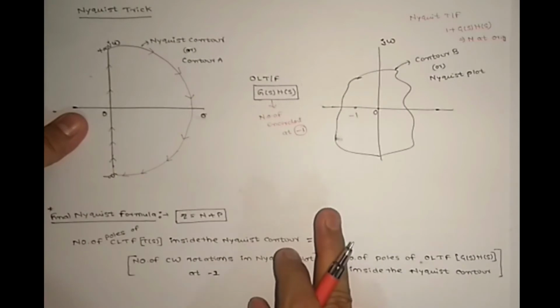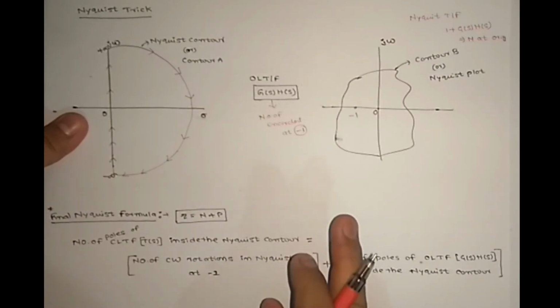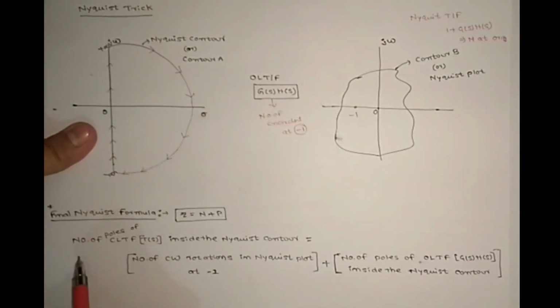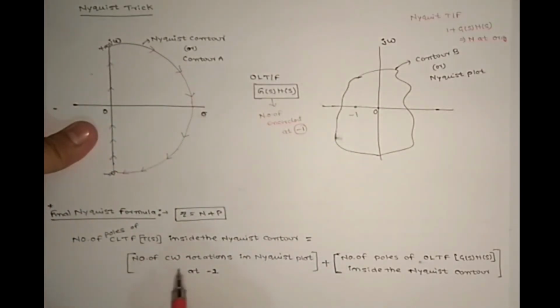Got it? So now see, we said the Nyquist plot is useful to tell whether the closed loop system is stable or not. Here we can see the number of poles of the closed loop transfer function inside the Nyquist contour equals the number of clockwise rotations in the Nyquist plot at -1, plus the number of poles of the open loop transfer function, that is G(s)H(s), inside the Nyquist contour.